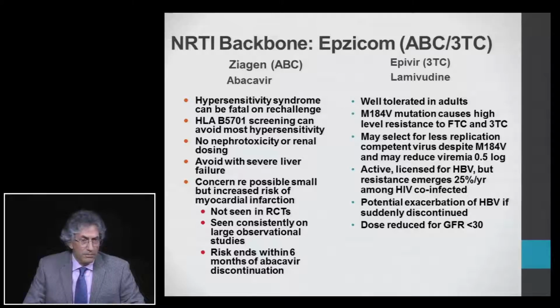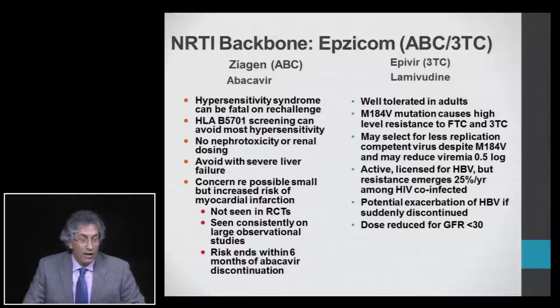And some of those people collapsed and died within hours of taking a tablet of Ziagen after recovering from a first episode of hypersensitivity. This can be essentially completely avoided by testing someone in advance for the HLA-B5701 allele.